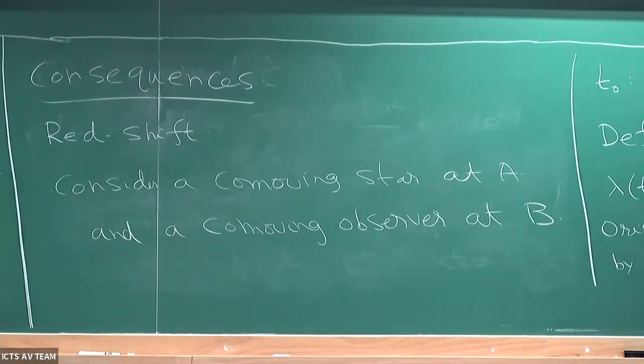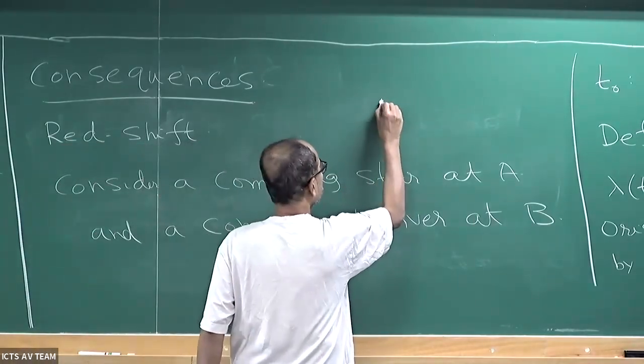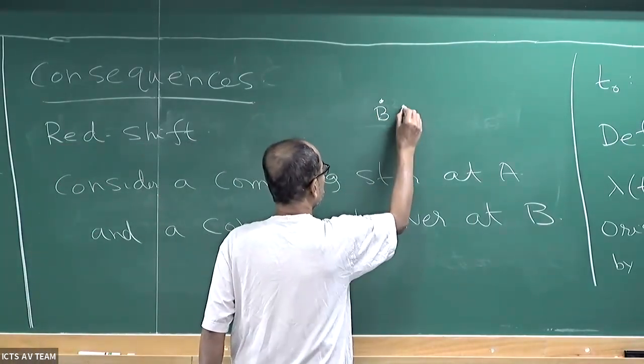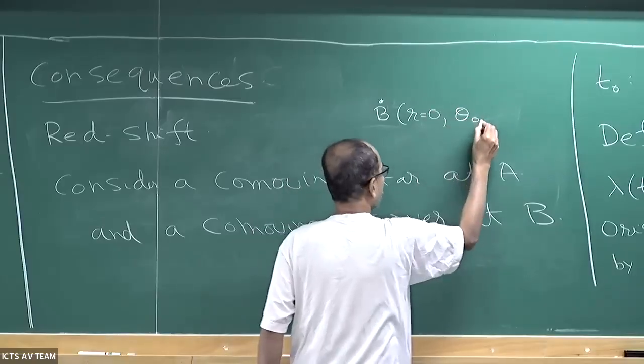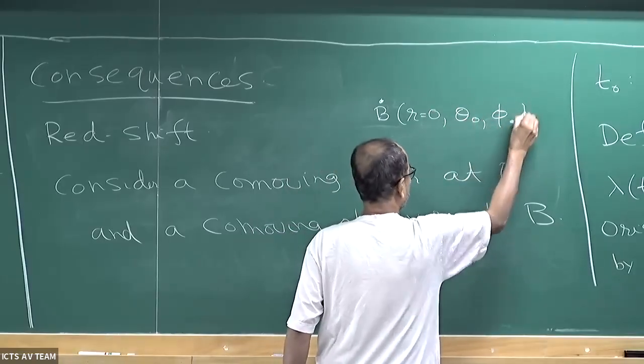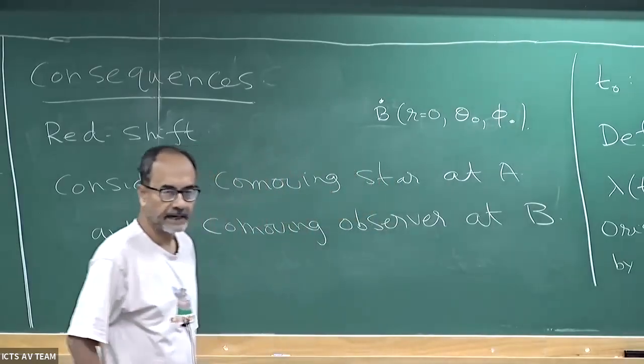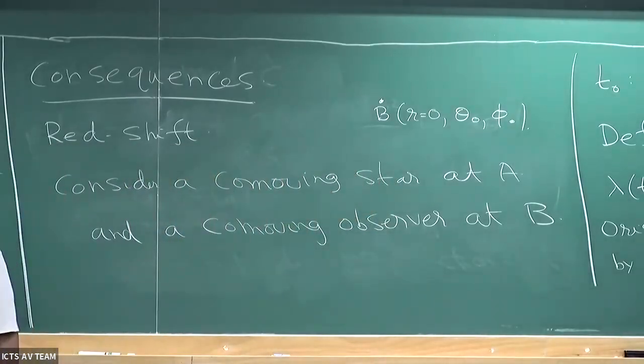Let's start with B, and take B to be at the origin of space, r equal to 0. There, of course, theta and phi don't matter, but let's say theta naught, phi naught. At r equal to 0 the polar angles have no meaning; at the origin all polar angles are the same point.